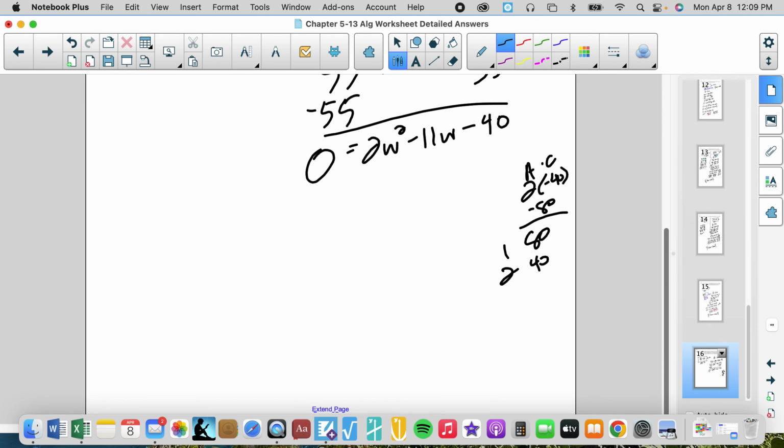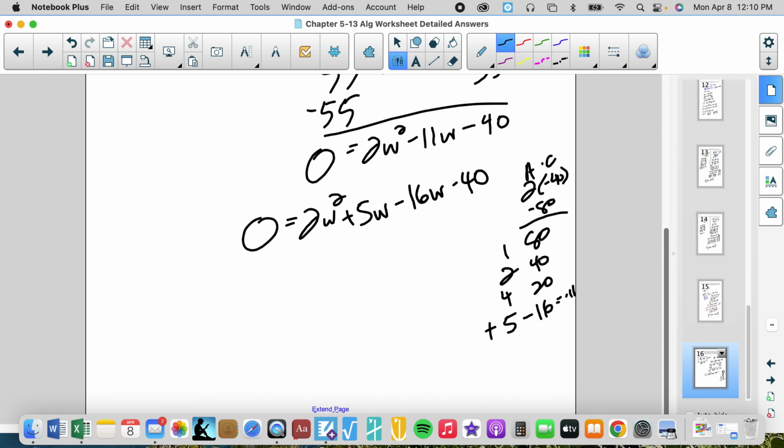You have 2 and 40, 4 and 20. 5 and 16, which gives us signs are different. Bigger is negative, that's my negative 11. So we have 0 equals 2w squared plus 5w minus 16w minus 40.